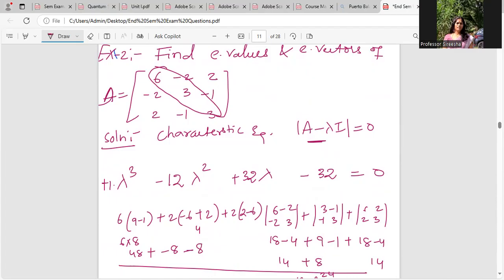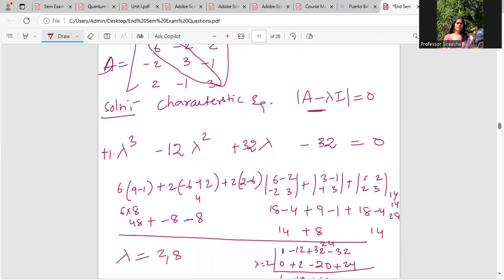So 6 threes are 18 minus 4. 9 minus 1, plus 6 threes are 18 minus 4. 18 minus 4 is 14. Here also 18 minus 4 is 14. So 28, not 24. I think I had written 24. It's 28. 28 plus 8 would be 36. So this is 36, right?